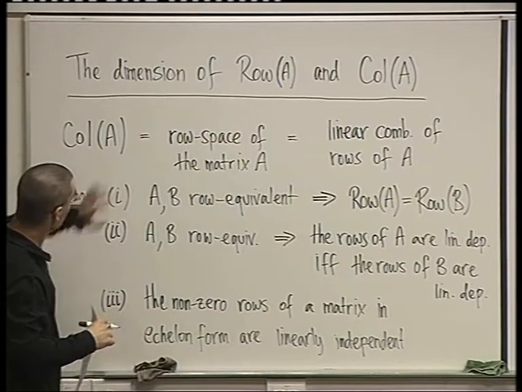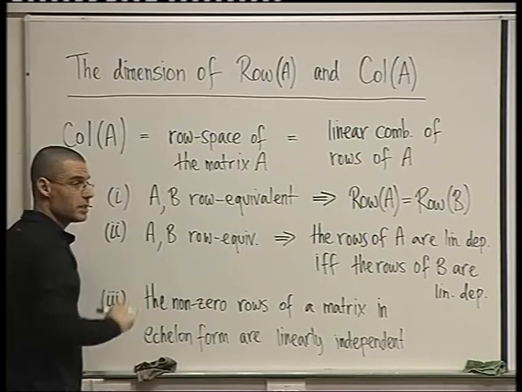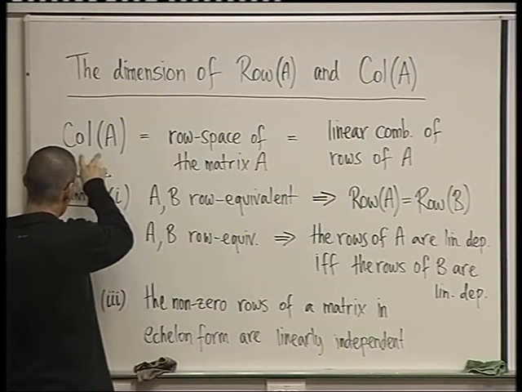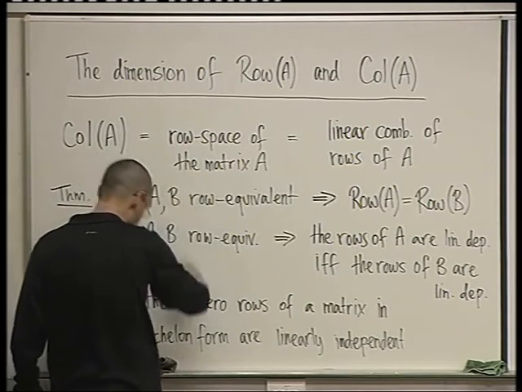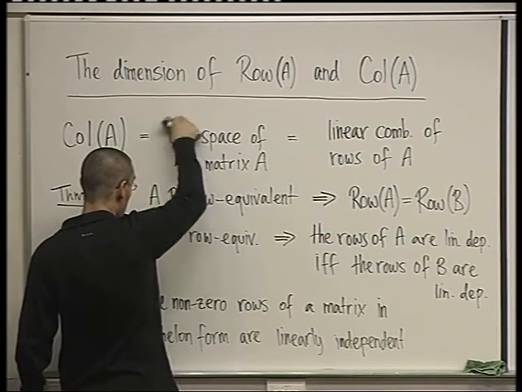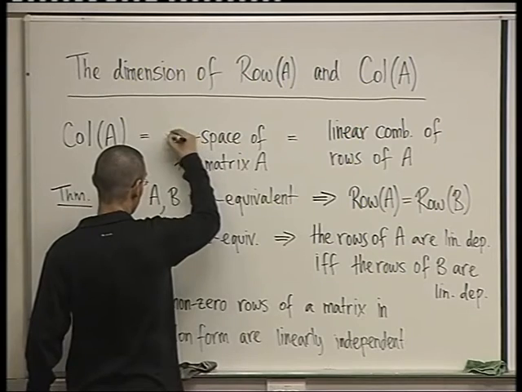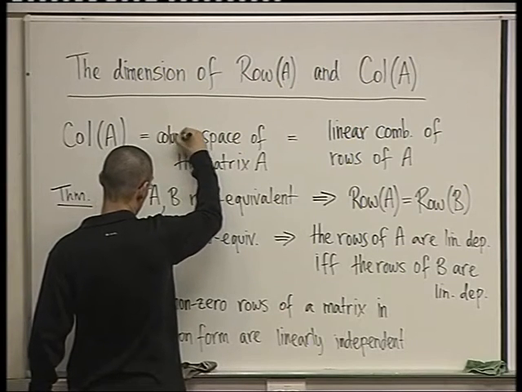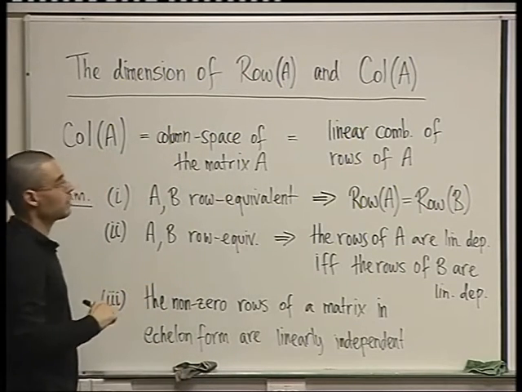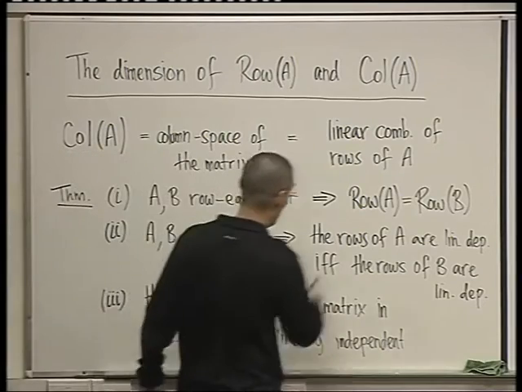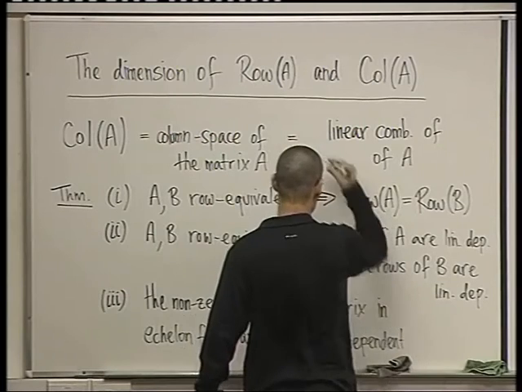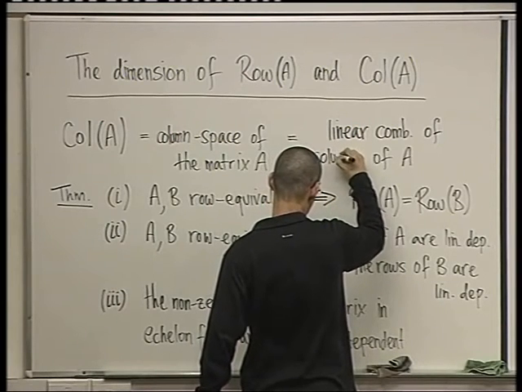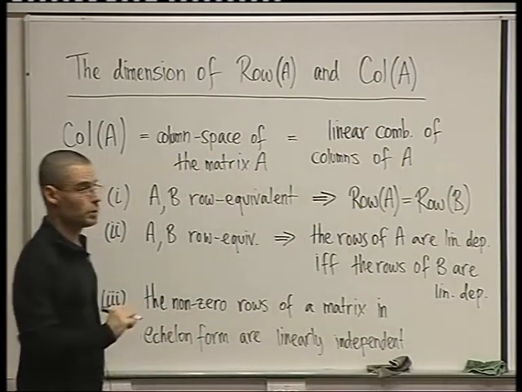So the column space of A, or col of A, was defined to be the column space of the matrix A, which is just all the linear combinations of columns of A. Do you agree to that?